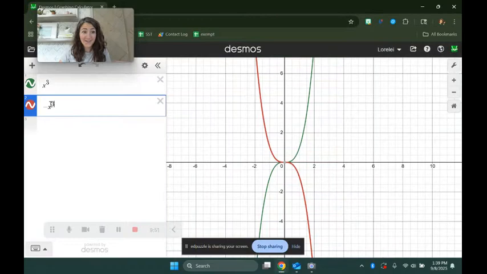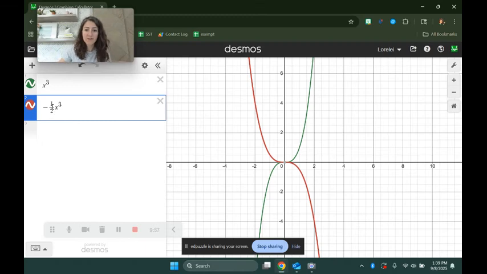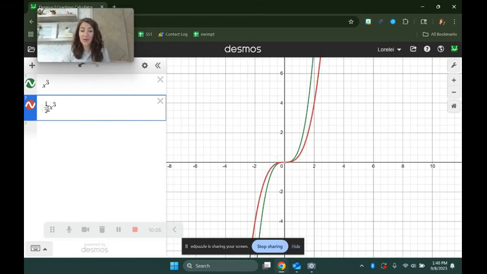And then separately, now I'm going to go 1/2 x to the third. So it's pretty subtle. I actually might look at it without the reflection too, so you're just looking at one thing at a time. This 1/2 is outside of the function because it's not in those parentheses.